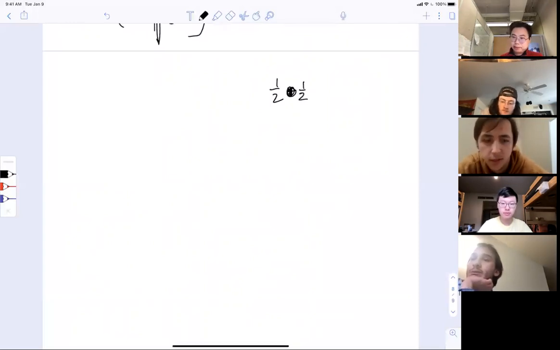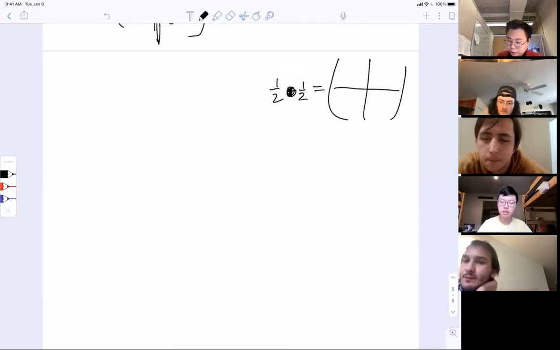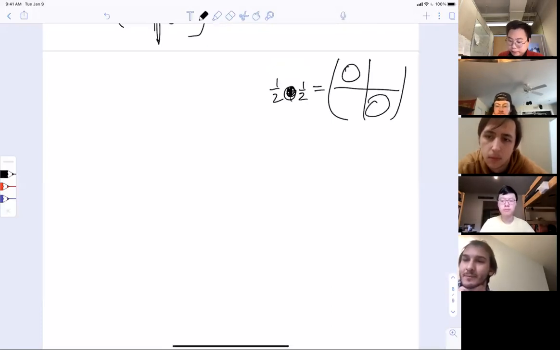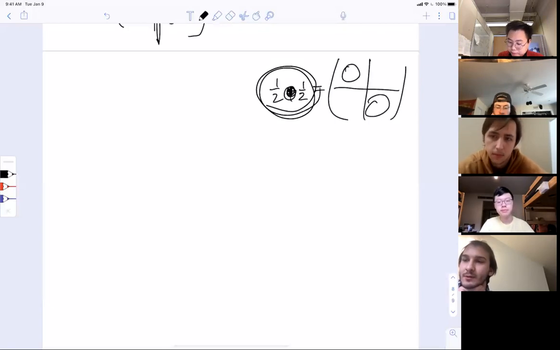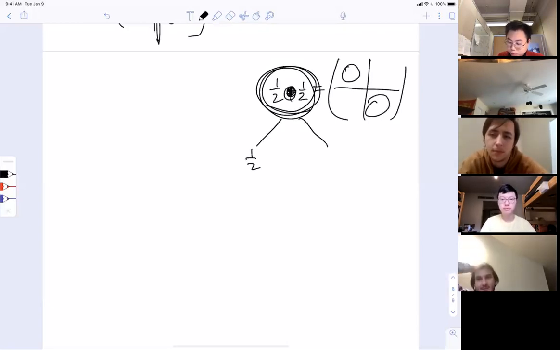But this is already block diagonalized, right? Yeah, this is already block diagonalized. Of course, you construct this representation using the direct sum. This just tells us this representation can be decomposed into two spin 1/2.